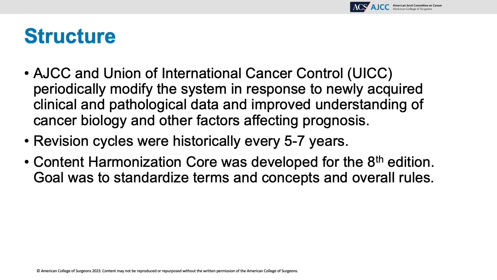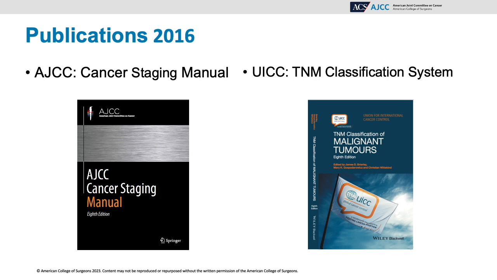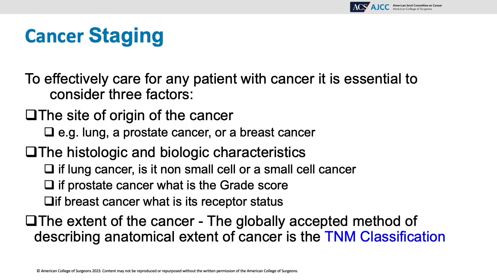When we got to the 8th edition, however, we harmonized the core and developed new rules and a new way of approaching the staging system. And this resulted in the AJCC publication of the 8th edition in 2016 and the UICC publication of their book at the same time.